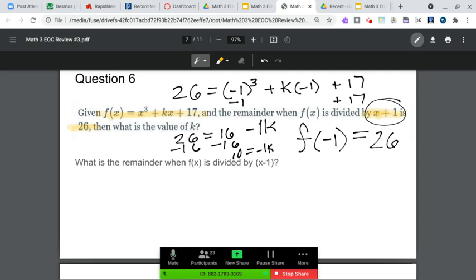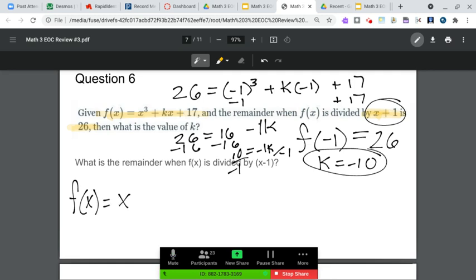So what does k equal? Negative 10. So now we have f of x equals x cubed minus 10x plus 17.